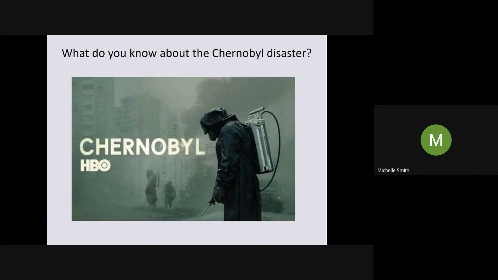For those of you that watch TV, enjoy mini-series, there was a mini-series about Chernobyl in 2019. It's very, very popular. It's got a really high rating on IMDb. Really fascinating. Not all completely factual, obviously, because it's fictional.